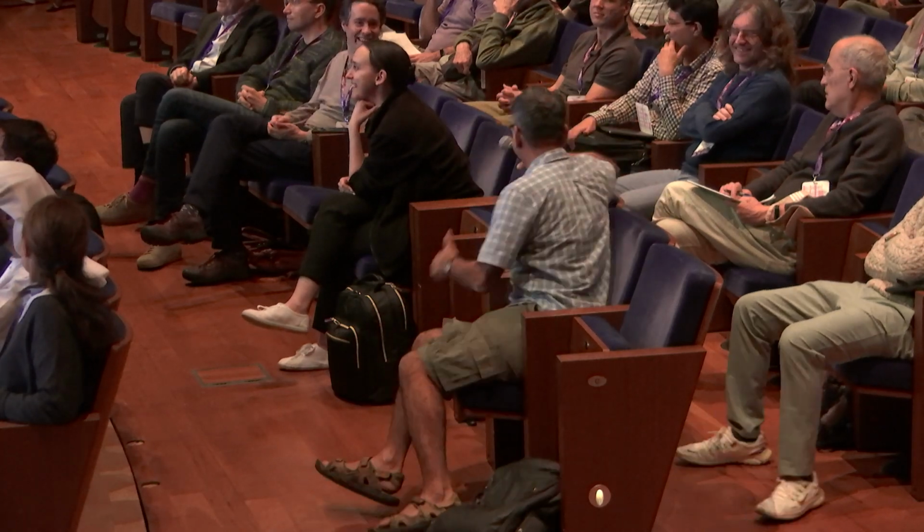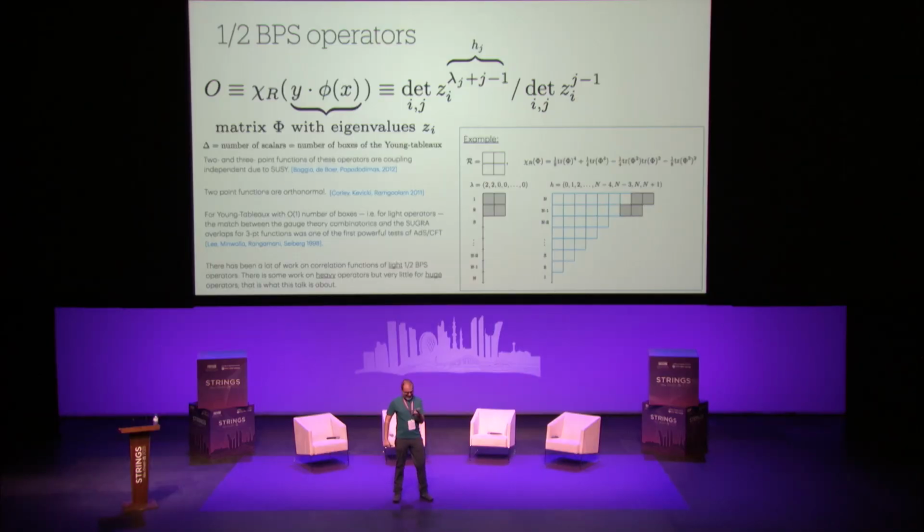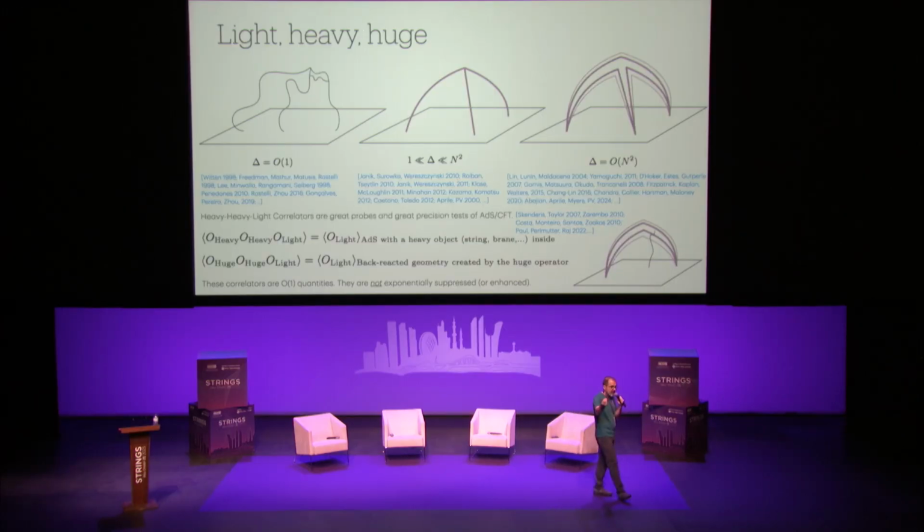Cool. Okay, one last question there. Just a quick question. If I wanted to ask about the old question of heavy, heavy, light, but say where the 2 heavies are not the same, does this help you at all? Yeah, if the 2 heavies are not the same, often you cannot have this correlator, right?